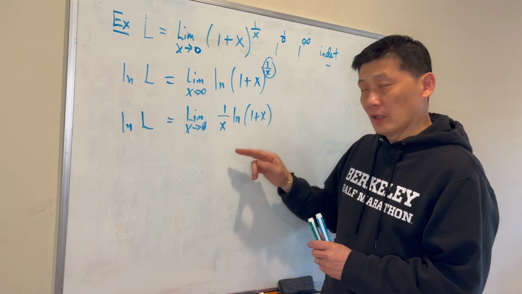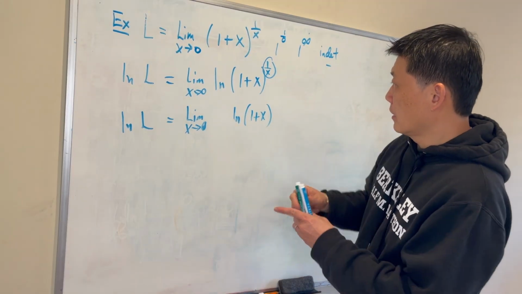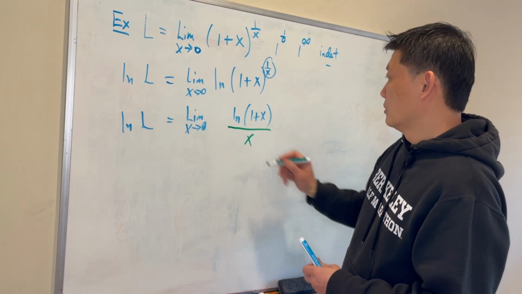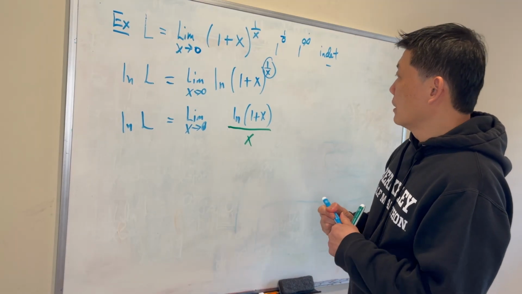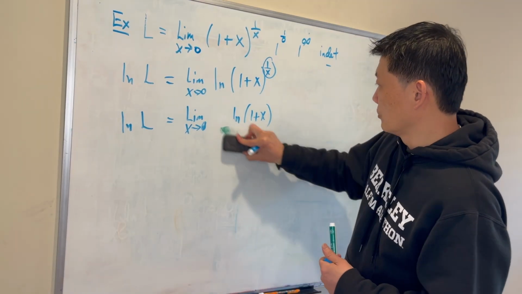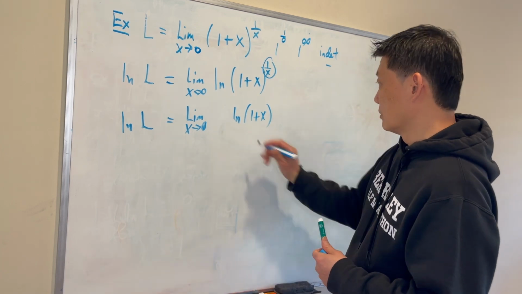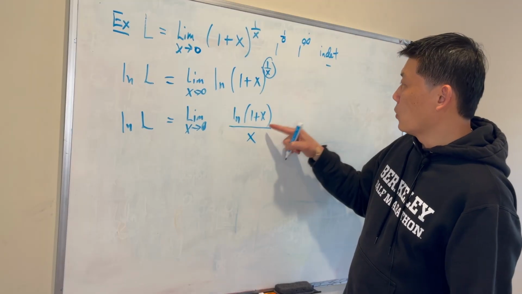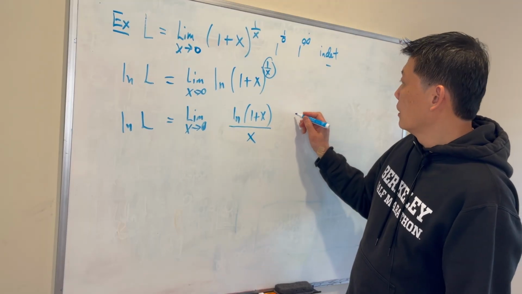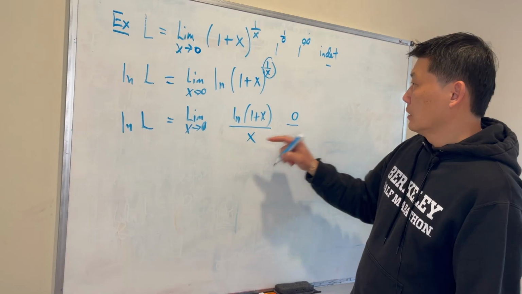Since this is 1 over x, let's go ahead and turn that into a quotient like this. We end up with ln 1, which is 0, over 0.